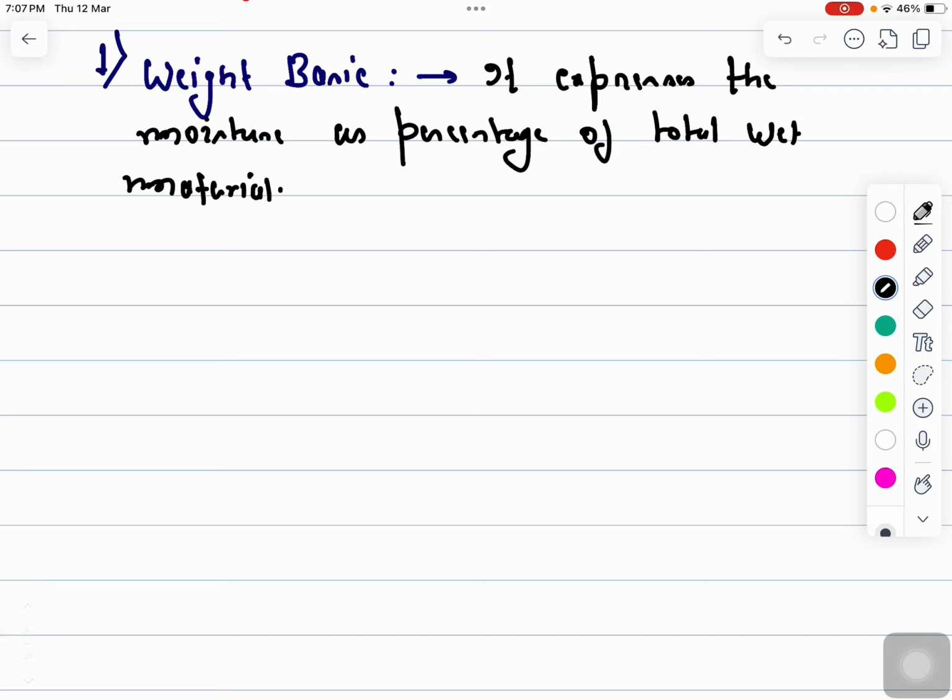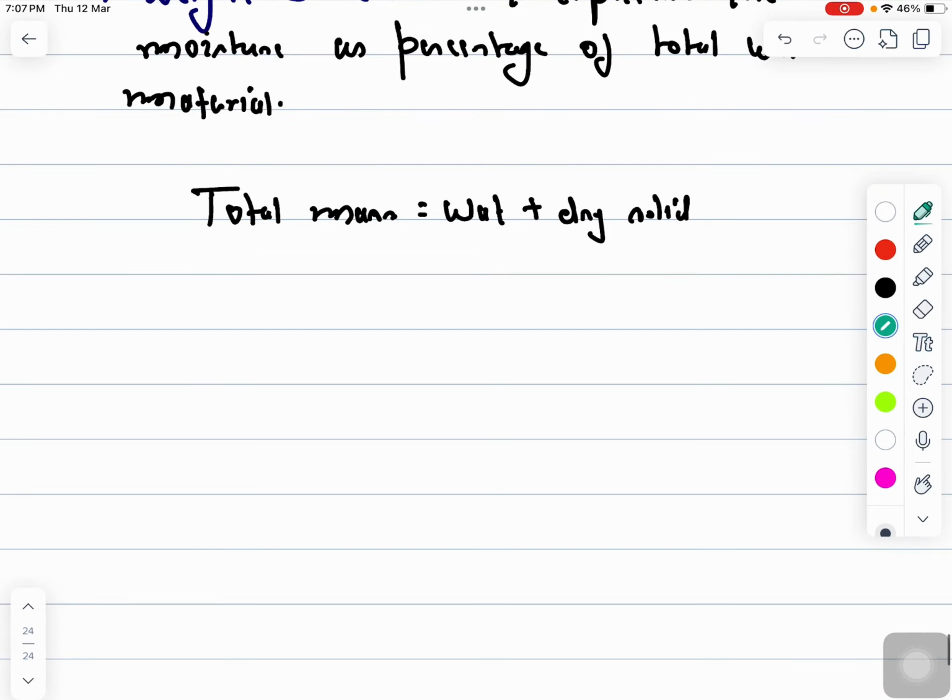So what you have to understand is, if I want to calculate the total mass, let's say, total mass will be equal to the mass of water plus obviously dry solid, right? And then it is the mass of water plus dry solid, and that will make a wet solid.